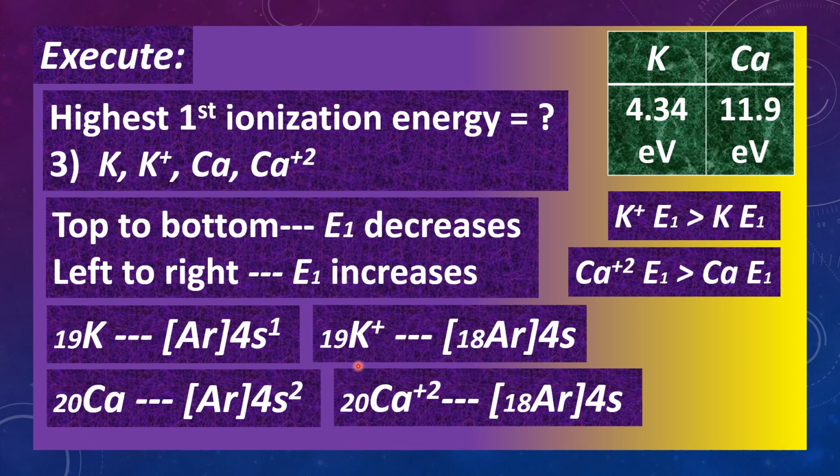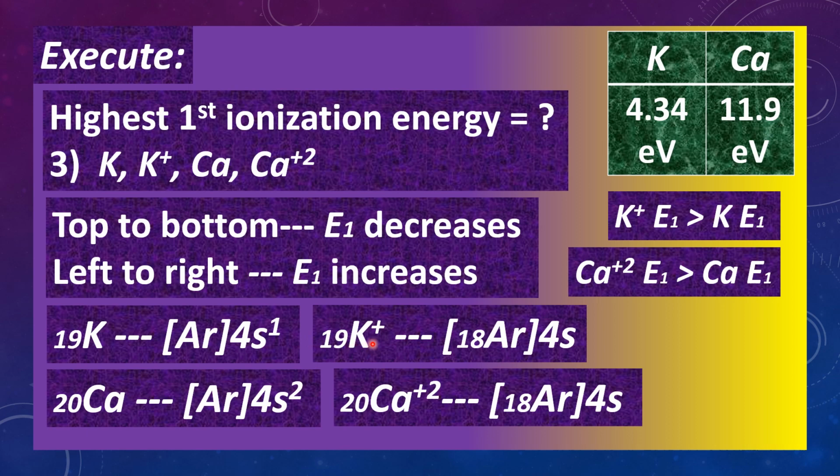Just like what I mentioned earlier, once potassium loses an electron, the number of protons in the nucleus still remains intact. That means the attractive force from the nucleus will be much greater compared to the neutral potassium atom.